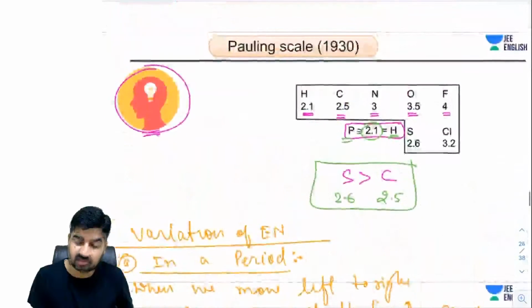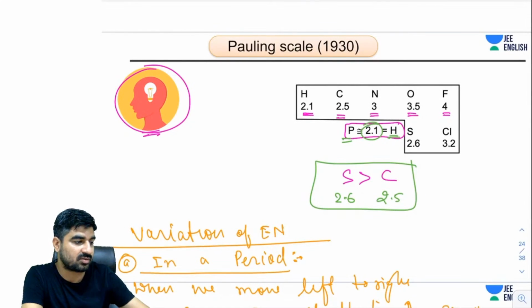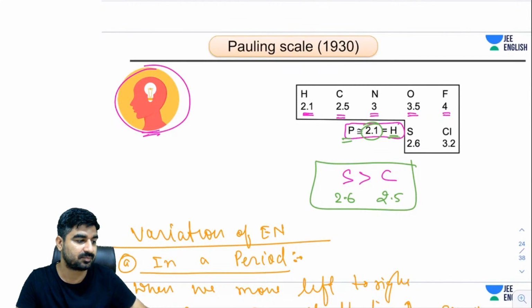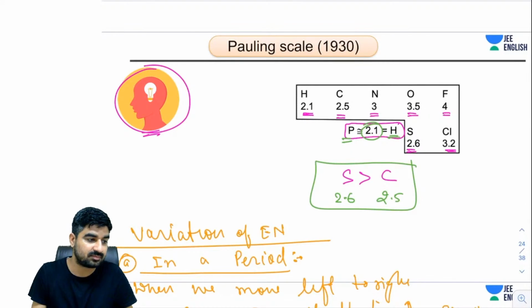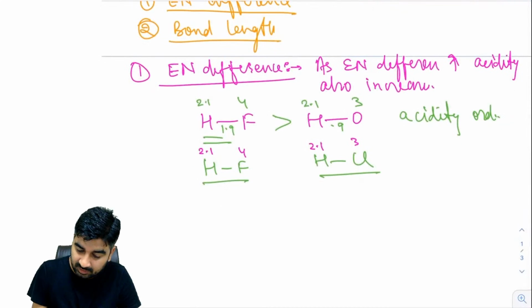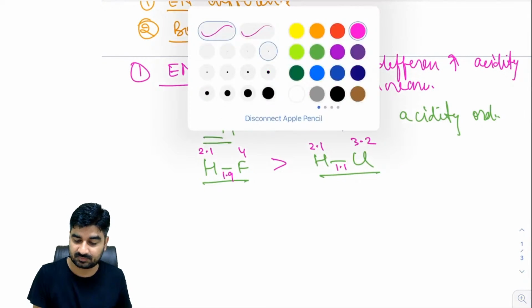Okay, I am showing you again. Remember all these values. It's important. It is 3.2. Just remember these; you can remember by decreasing 0.5. So now let's solve it. The difference here is again 1.9 and the difference here is 1.1. So HF is more acidic. This way you can give the answer.